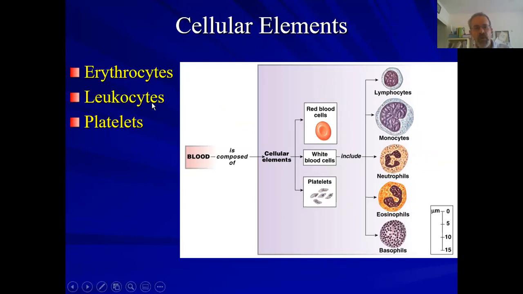We have leukocytes, which are white blood cells and are divided up into 5 different types, where we'll just scratch the surface as far as discussing them today. And those, of course, are involved in protection, part of the immune system, defense. And then finally, we have platelets, which play a role in clotting.